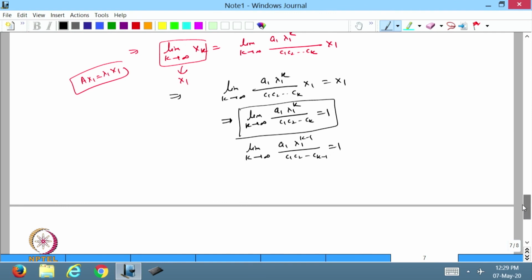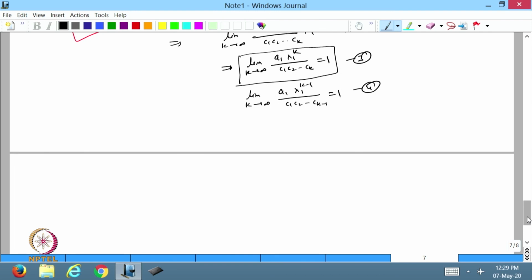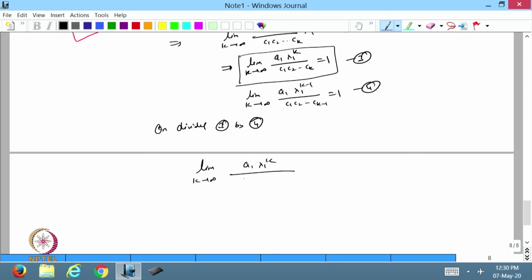So, I call it 3 and I call it 4. Now, I am dividing 3 by 4. We will get limit k tends to infinity of a1 lambda 1 power k over c1 c2 up to ck, multiplied by c1 into c2 up to ck minus 1 over a1 lambda 1 power k minus 1, and that should be equal to 1.